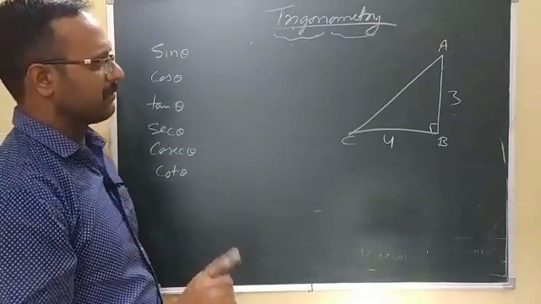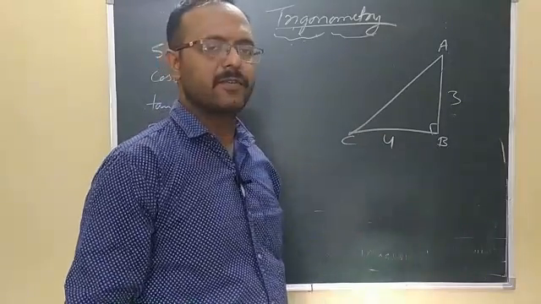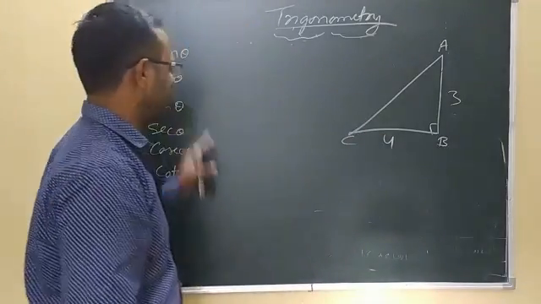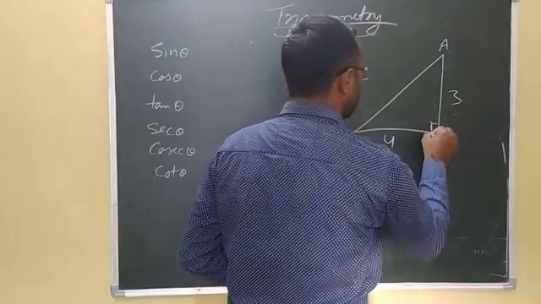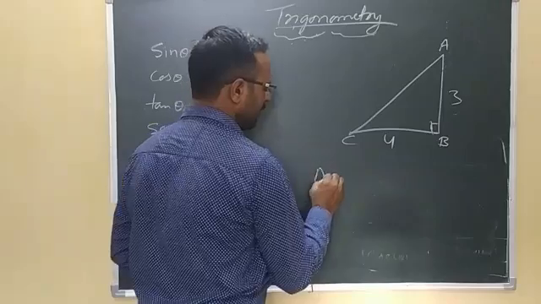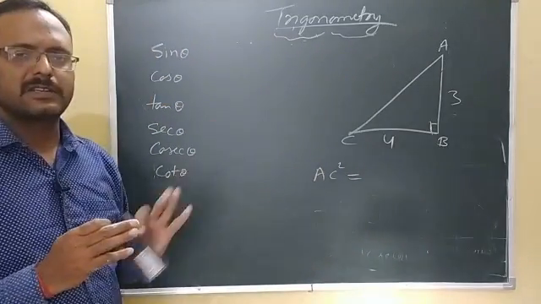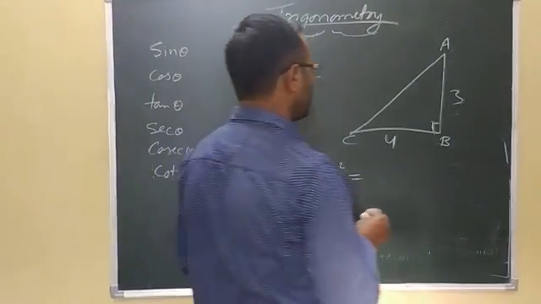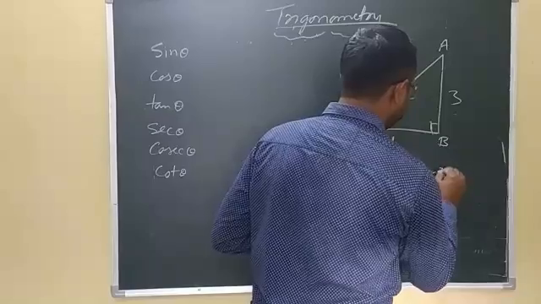So this is the given triangle in which one of the sides is 3 unit, second side is 4 unit, and you have to find all the trigonometric functions. Now because it is a right angle triangle, we can easily find AC by applying Pythagoras theorem. So AC square equal to AB square plus BC square.